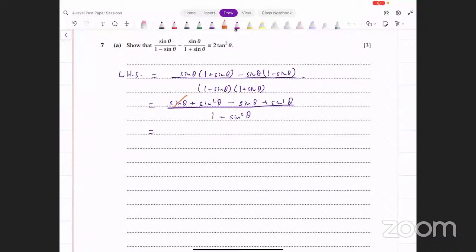In the numerator, we're going to have sine theta and sine theta cancelled, and we're going to be left with 2 sine square theta. अब denominator में 1 minus sine square theta की जगह हम लिख सकते हैं cos square theta. And then sine square over cos square, that equals tan square. We get 2 tan square theta. That's equal to the right hand side. ये आपके पास आ गया.